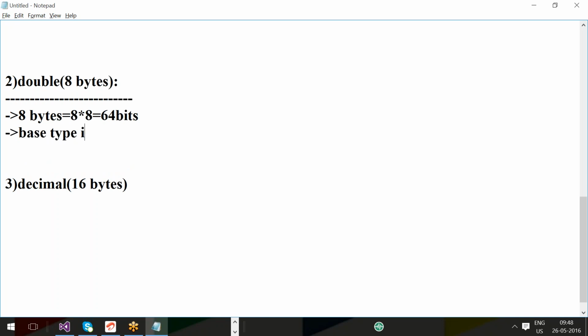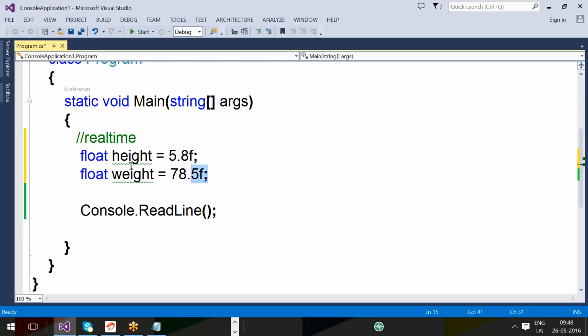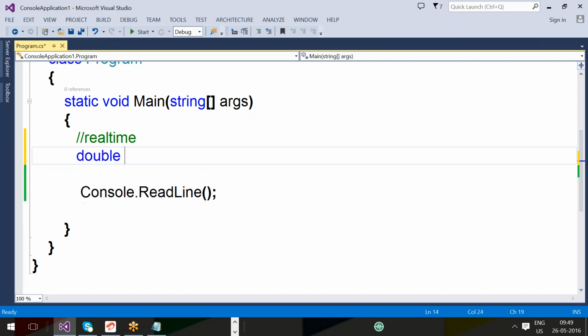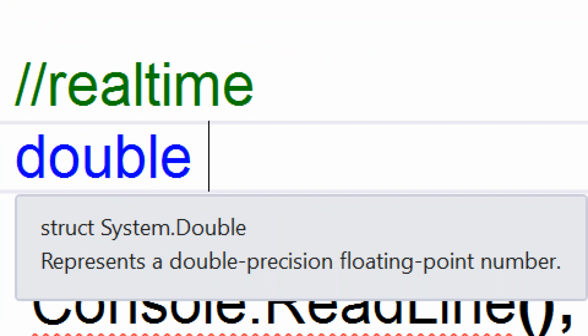Base type is System.Double. You can observe here d is small, here D is capital.